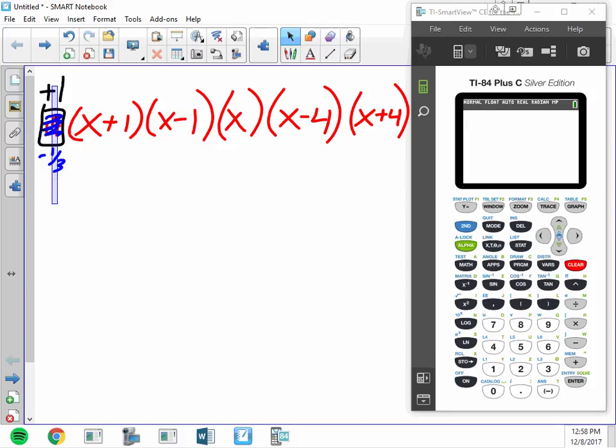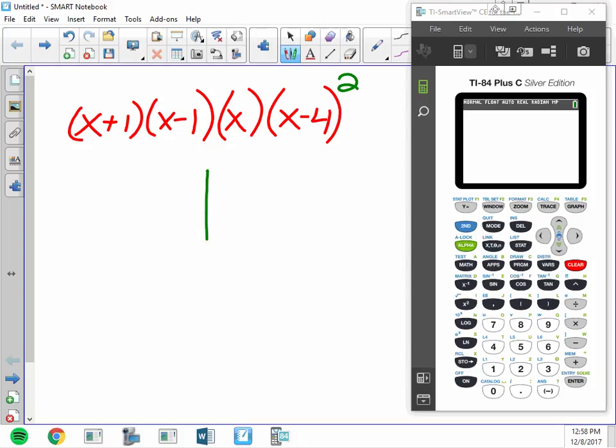Okay, let's get rid of these. All right, what if I got rid of the plus 4 and I squared the negative 4? So now my graph is shaped a little bit differently. At positive 4, I have a bounce. So this is a bounce.